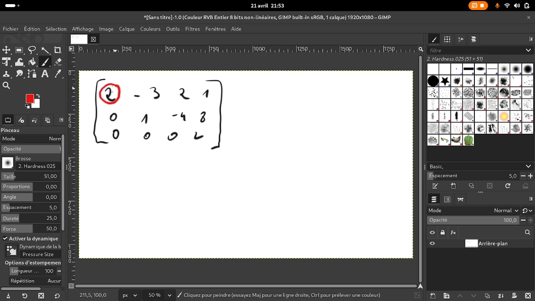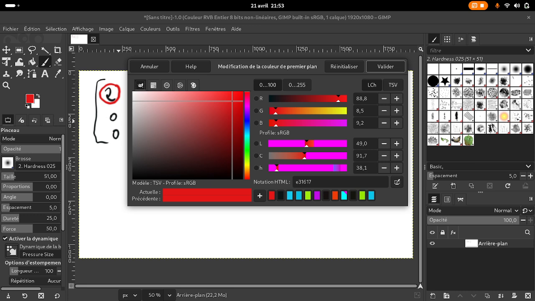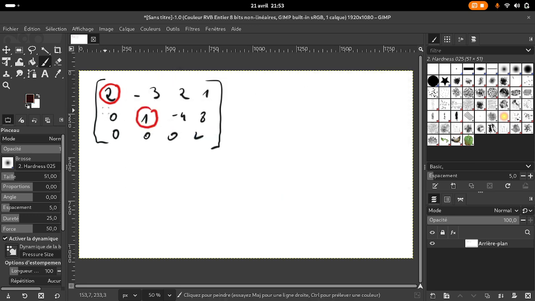I have a leading entry here, a leading entry here, and under my leading entry here I only have 0, and each leading entry is to the right of the leading entry on the row above it.